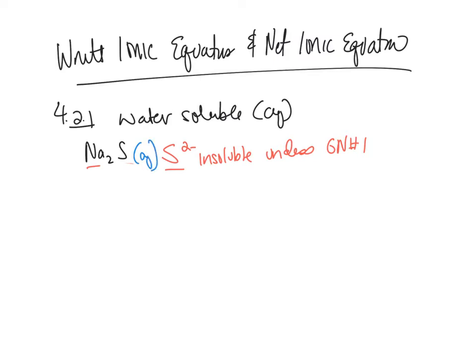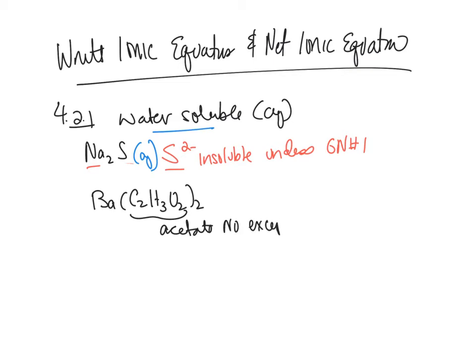So that would be water soluble. Okay, we have barium acetate, C2H3O2 twice. This is that acetate, and there's no exceptions here. So this one's going to be always soluble. So we can do aqueous here.